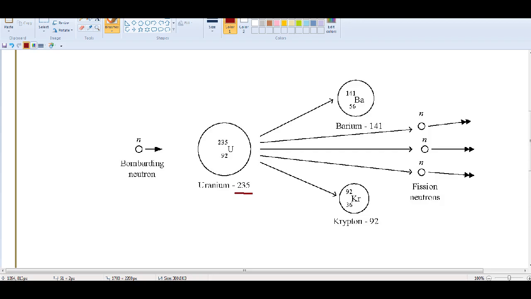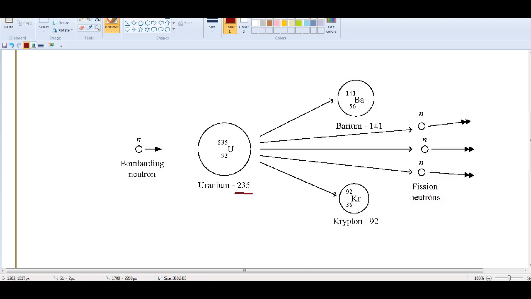They are barium and krypton, but it's just one of the combinations. There could be many other kinds of combinations for these daughter nuclei. Also they will emit some other neutrons. Most often they will be 2 or 3 extra neutrons.